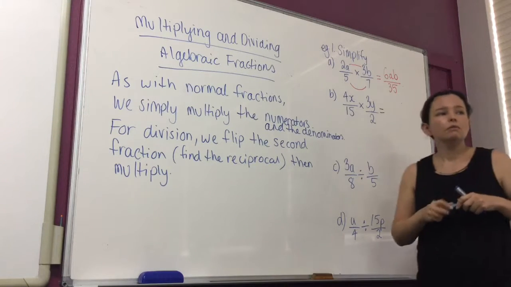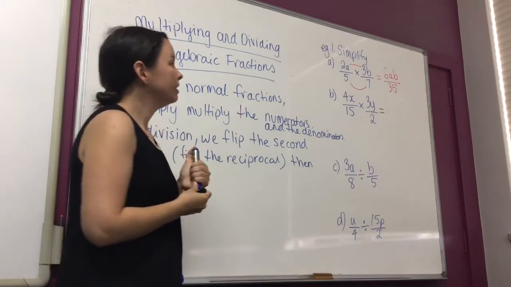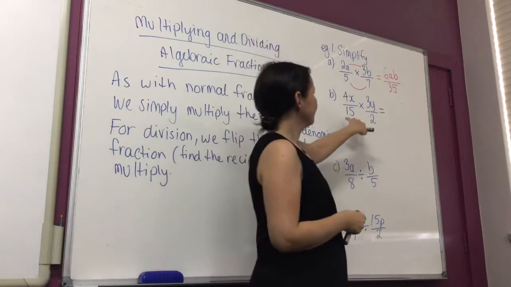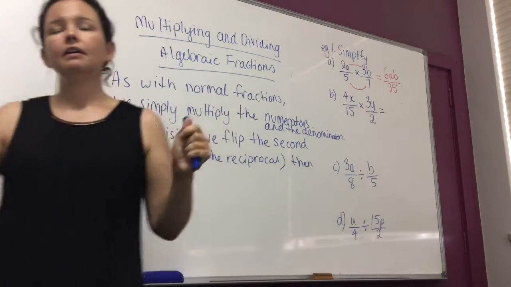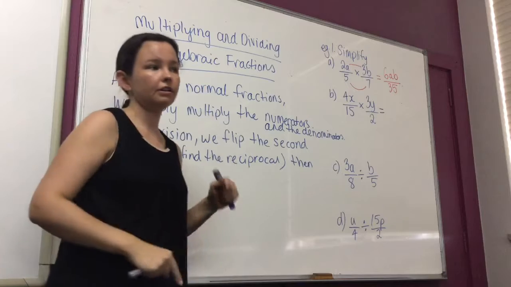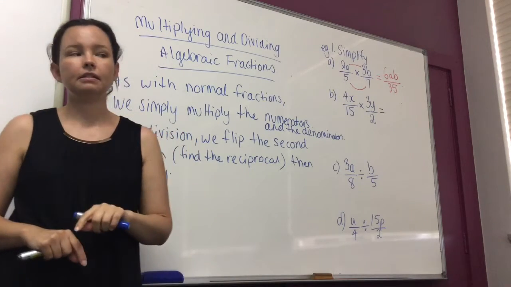Now, with part B, there's two ways you can go about it. You can either cancel factors first and then multiply, or multiply and then cancel the factors.